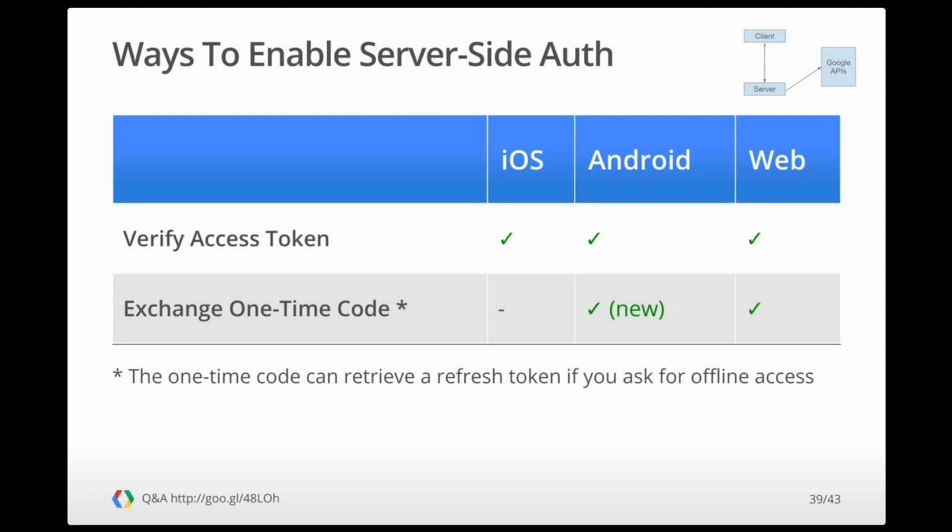The better thing, if you can do it, is to use the one-time code exchange. And that is not available on iOS. Just this week, we're launching it on Android, so you can get that code and send it to your server. And of course, you can do it on web. And of course, the code is more secure, and you can get the refresh token.